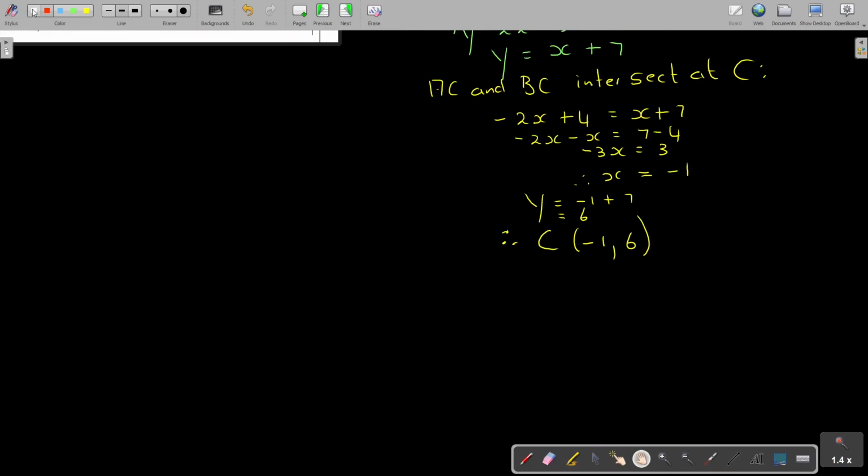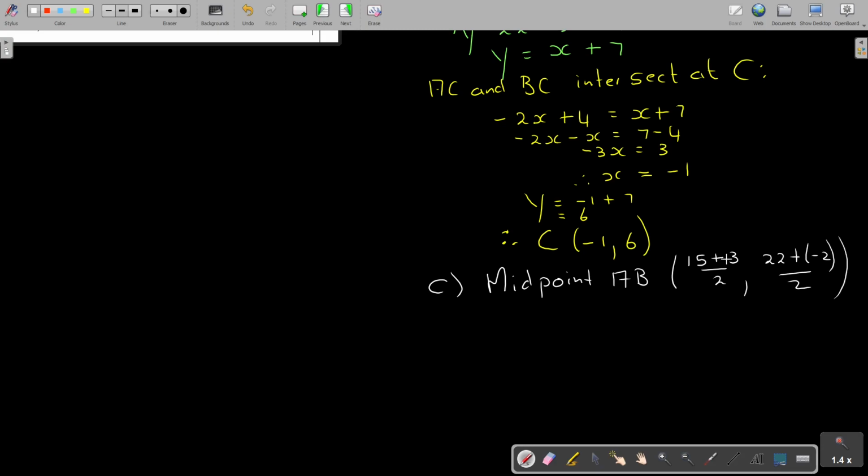I'm just going to first find the midpoint of AB. I have A and B, so let's just quickly do that. That's 15 plus 3 over 2, and 22 plus negative 2 over 2. That's 18 divided by 2, which is 9, and this is going to be 10.